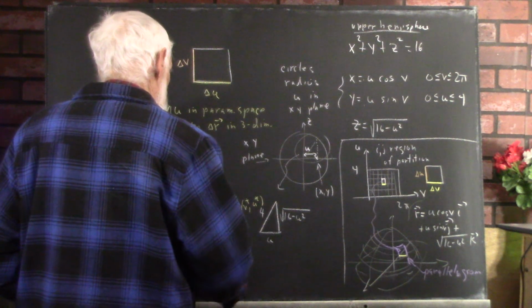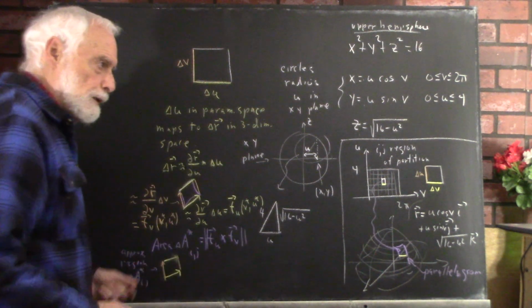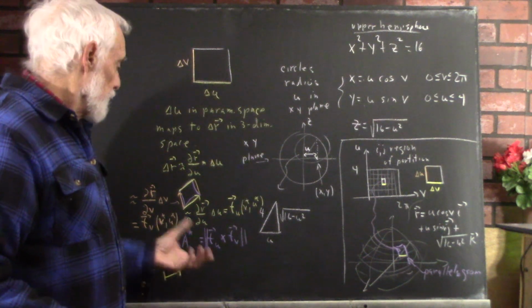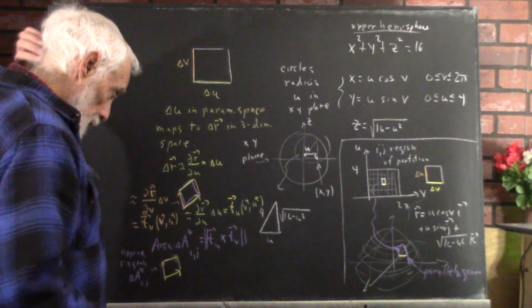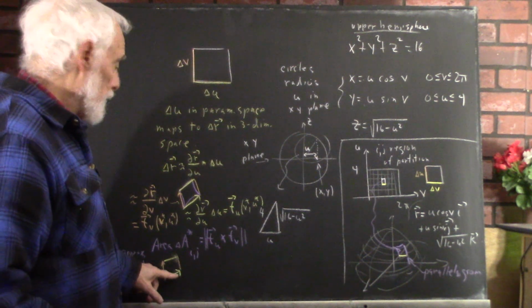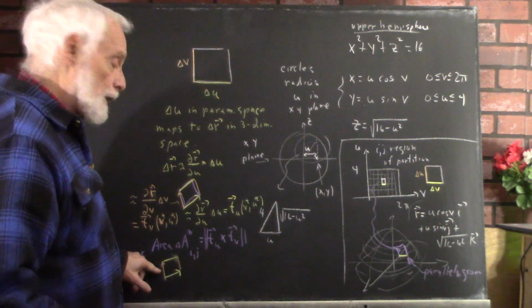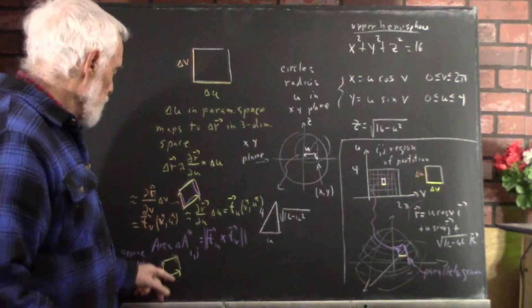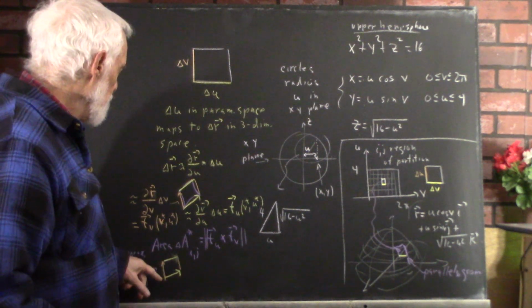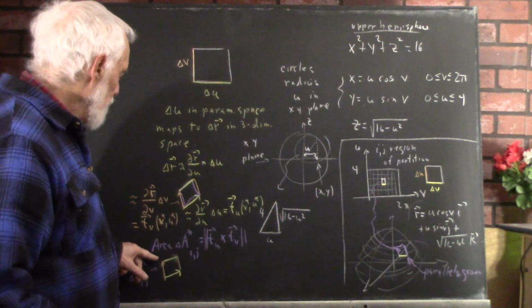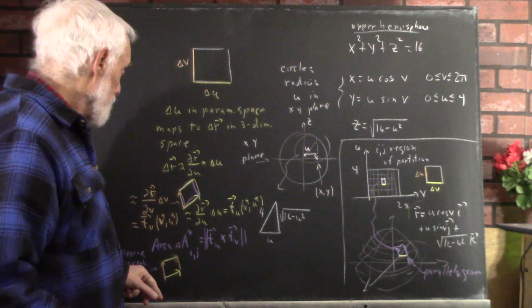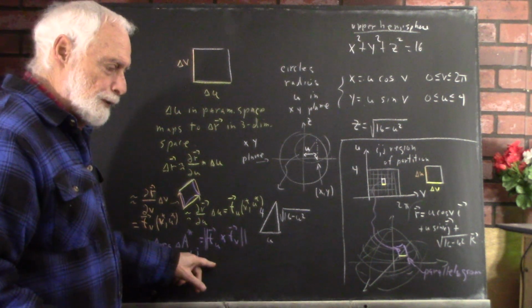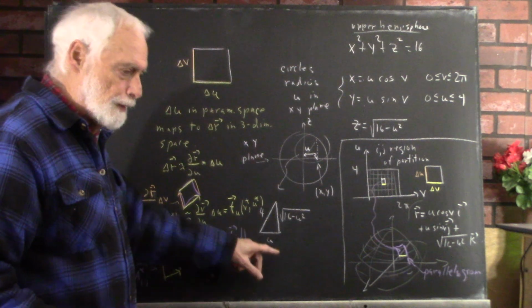Of course, we should be completely aware at this point that the area of a parallelogram is just the magnitude of the cross product, and we have to understand why. This side has magnitude TU, this side has magnitude TV. There's some angle between these two, so that the altitude of this parallelogram would be the magnitude of TV times the sine of this angle. And of course, the area is the magnitude of TU times the magnitude of TV times the sine of the angle.